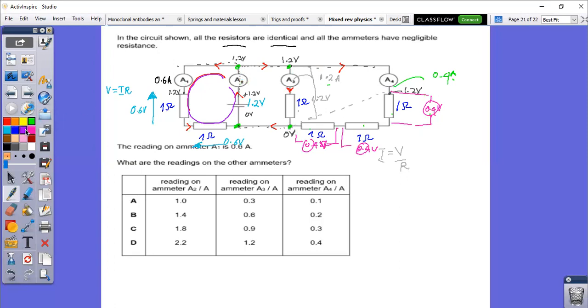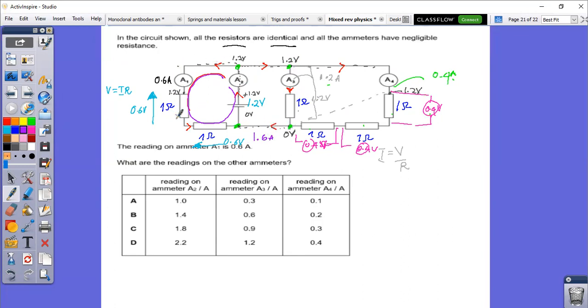And A2, well, it's now just a case of applying Kirchhoff's first law. Hang on, I better be careful here. We've got 1.2 coming in here, and then 0.4, so the total coming in here will be 1.2 amps plus 0.4 amps. They meet here, so I'm going to have 1.6 amps coming in through there.